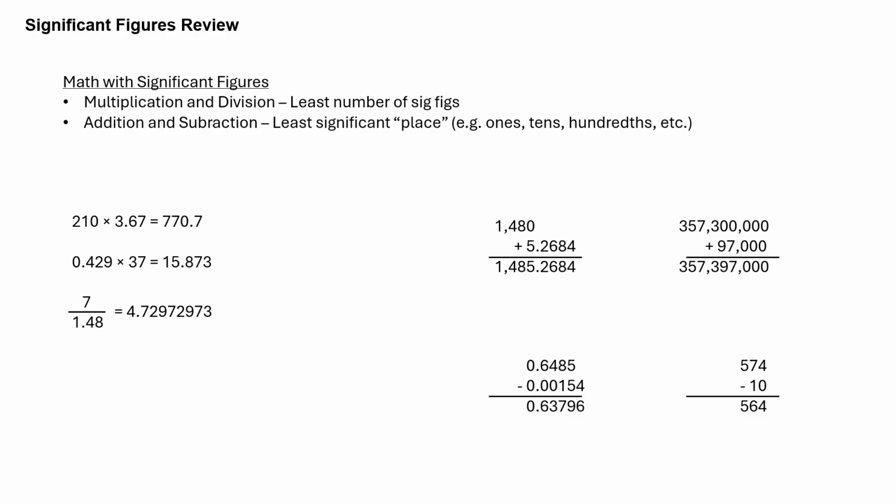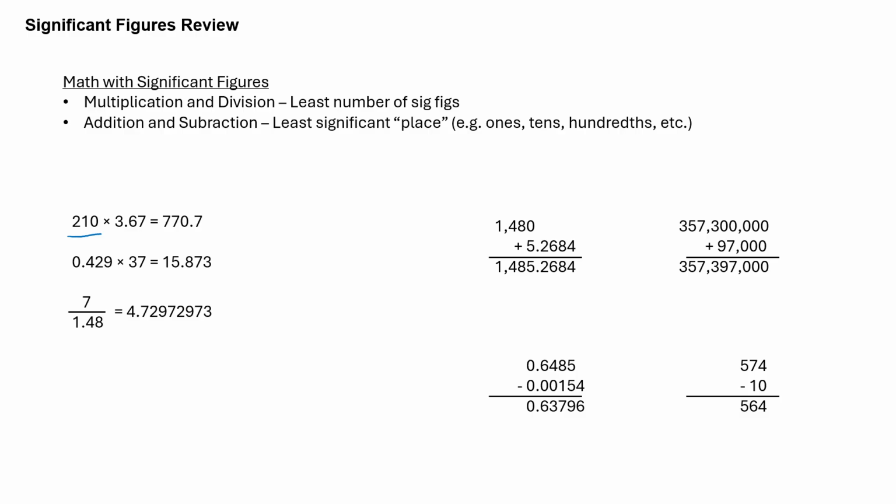So we have a problem here, 210 times 3.67. If I multiply those together, I will get the number 770.7 in my calculator. But how many significant figures are in each one of these numbers? Well, 210, if I take a look at that, I can see that this hundreds place, this 2 is important, this 1 is important, that 0 is not significant because there's no decimal.